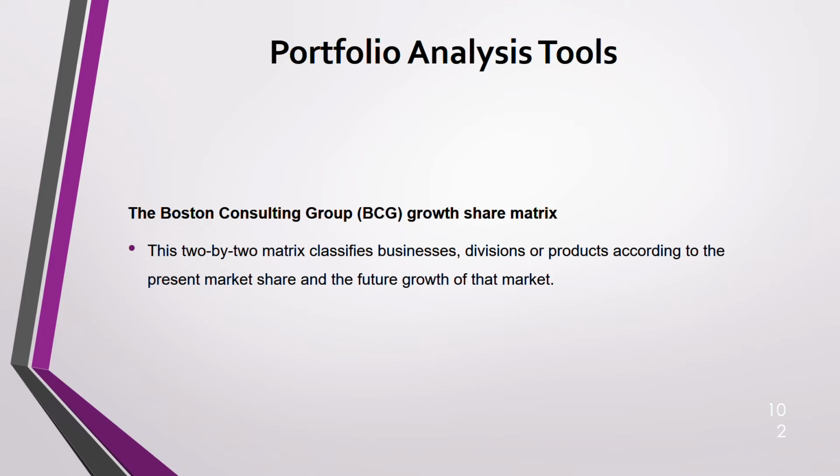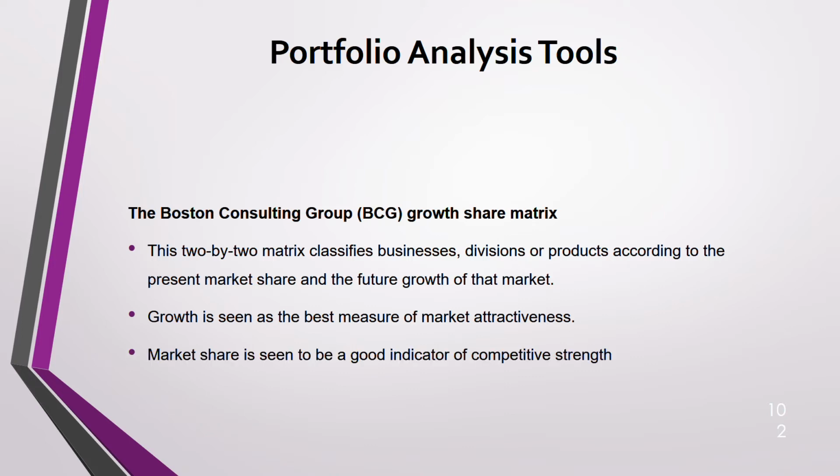That's how they analyze the products, services or divisions, where growth is seen as the best measure of market attractiveness. If the industry or the market is growing, it is attractive. And market share is taken to be a good indicator of competitive strength, how powerful you are. The more market share you have, the more powerful you are. The less you have, the less dominant you are.